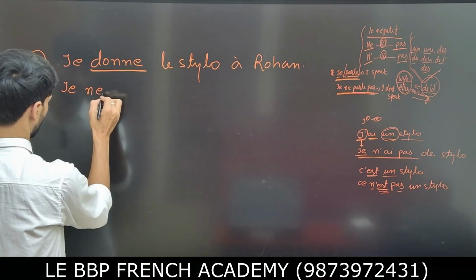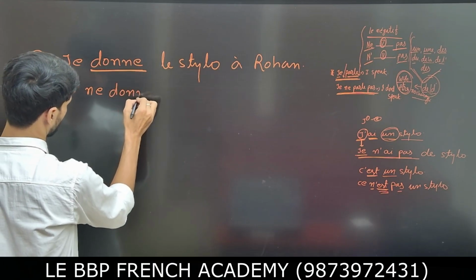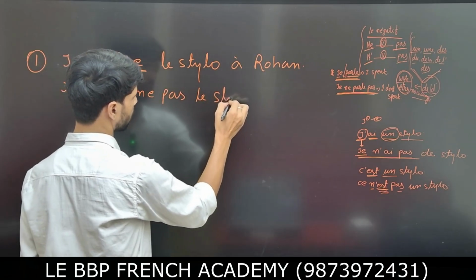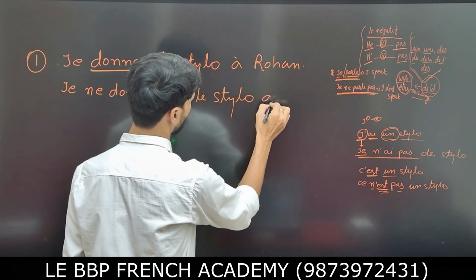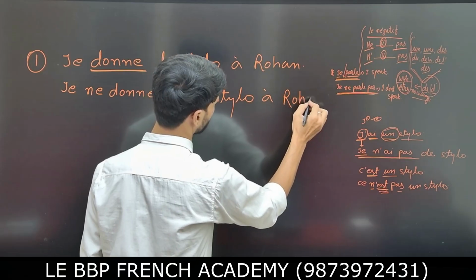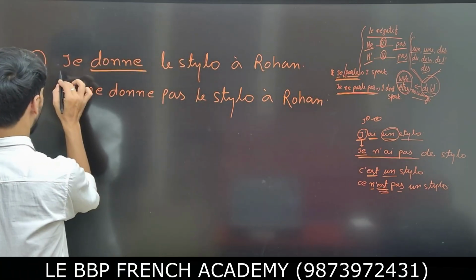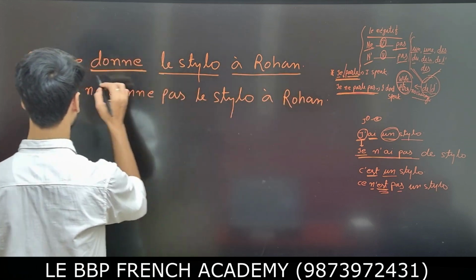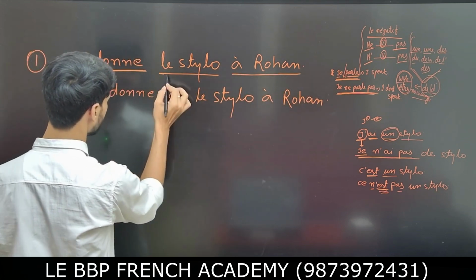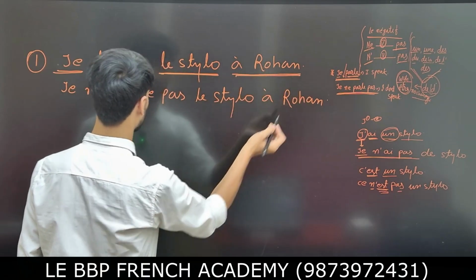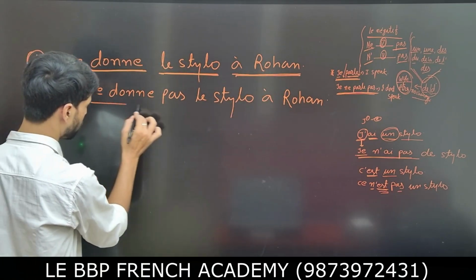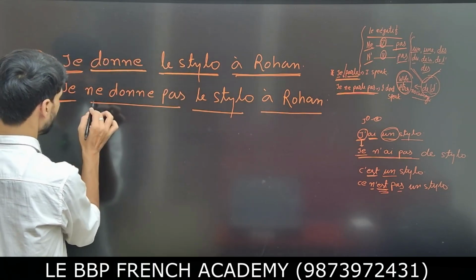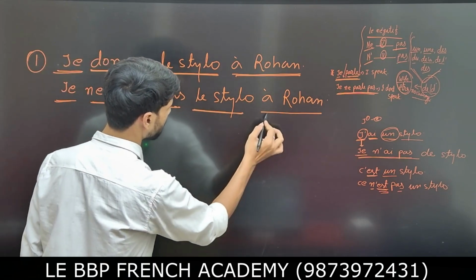Je ne donne pas de stylo à Rohan. It means I give the pen to Rohan, or I am giving the pen to Rohan. And here, I don't give the pen to Rohan, or I am not giving the pen to Rohan.